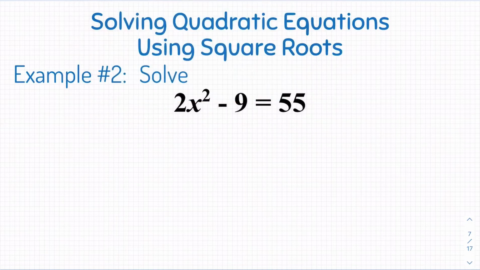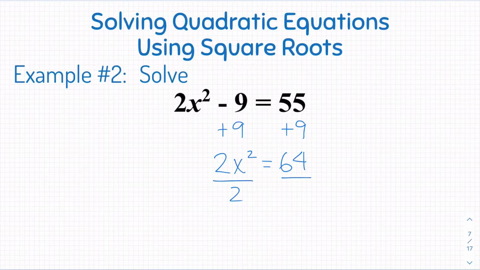So on this one, I'm going to start by moving my constant. The opposite of subtracting 9 is adding 9. Then I'm going to divide by 2.